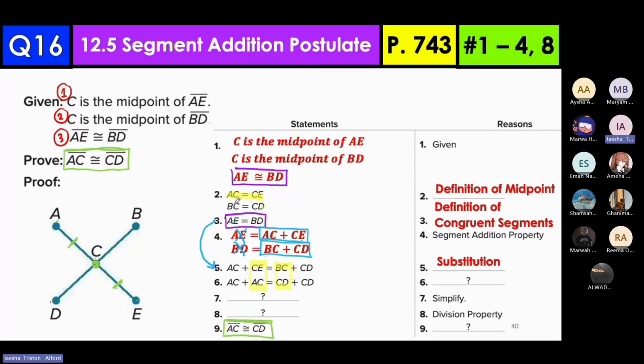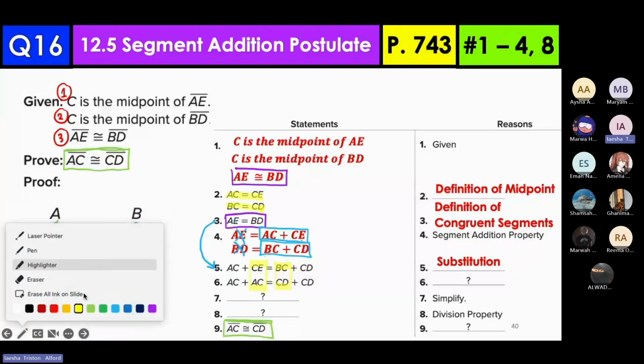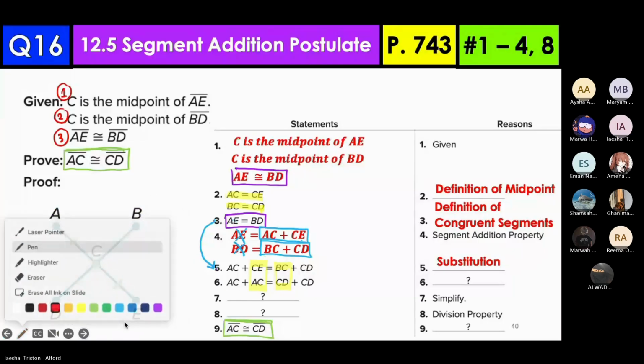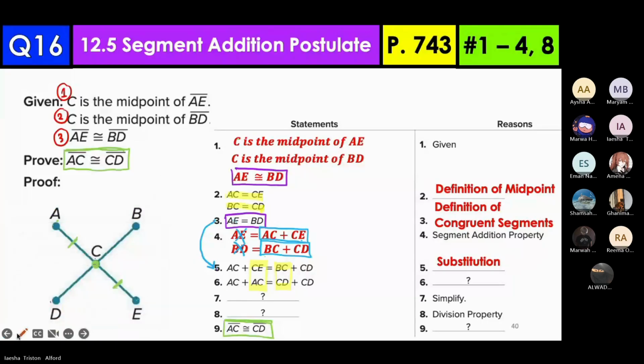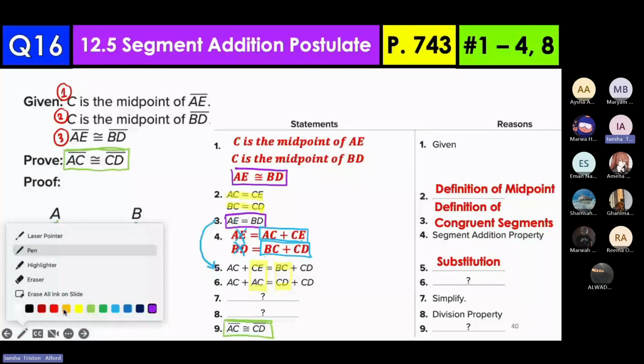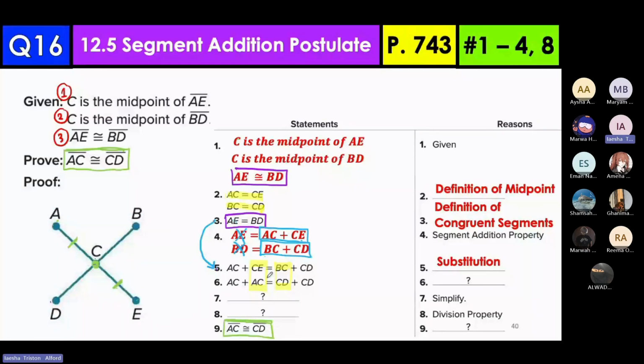And we can delete BC and write CD. So when we delete something and put something else, it has a name: substitution.